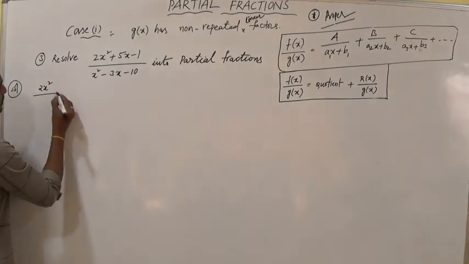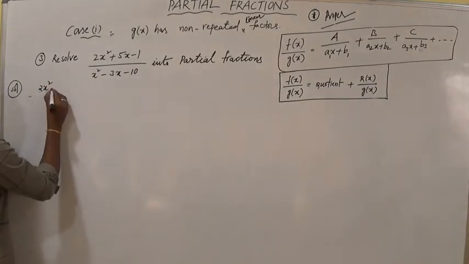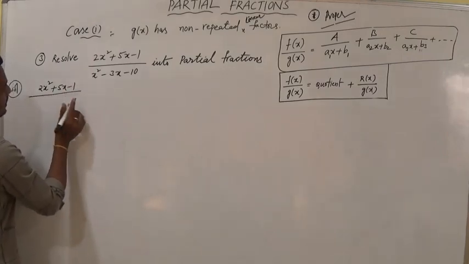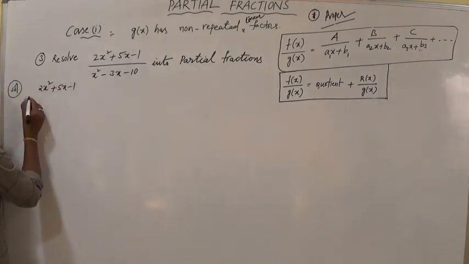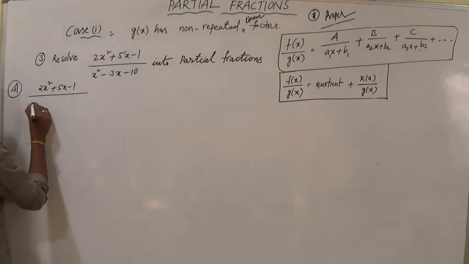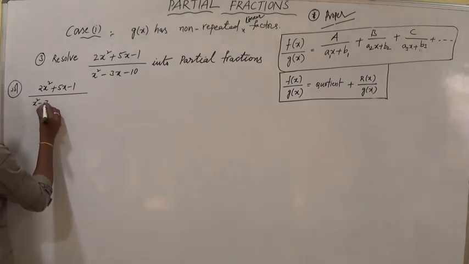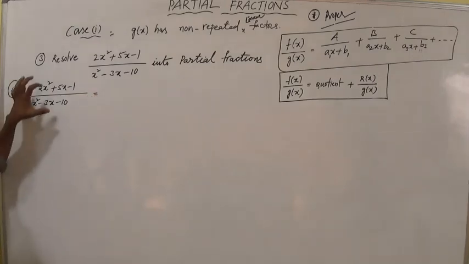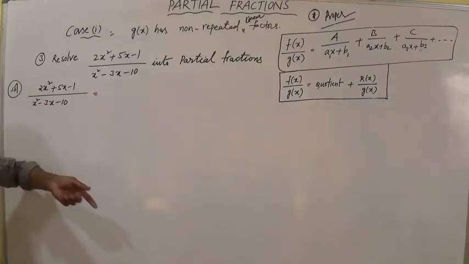2x square plus 5x minus 1 by x square minus 3x minus 10 is equal to, first we have to divide these two. What is the quotient? What is the remainder?